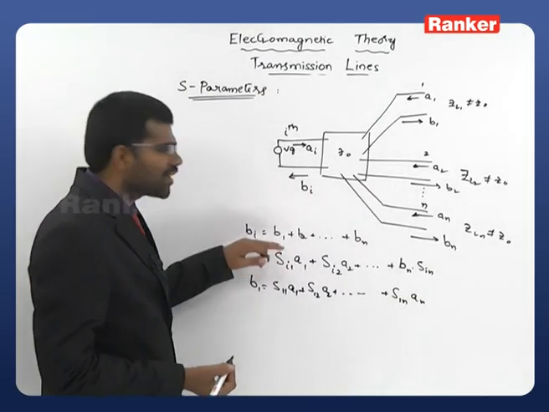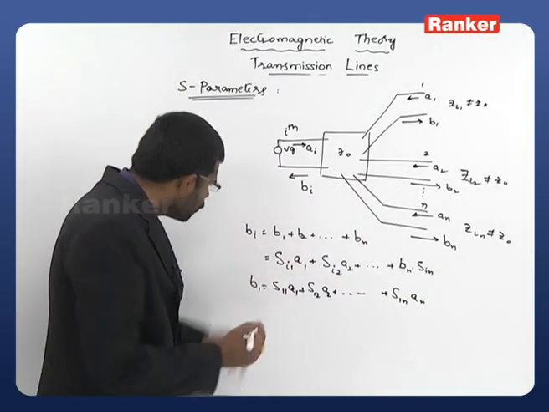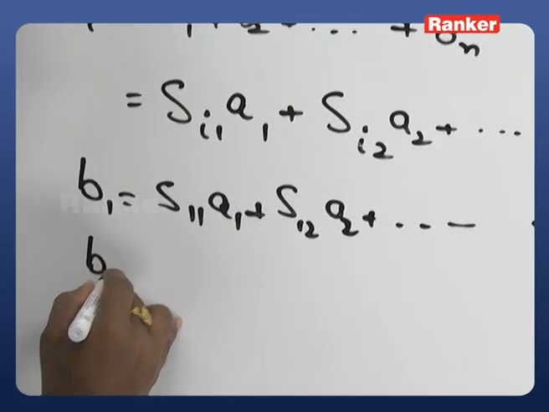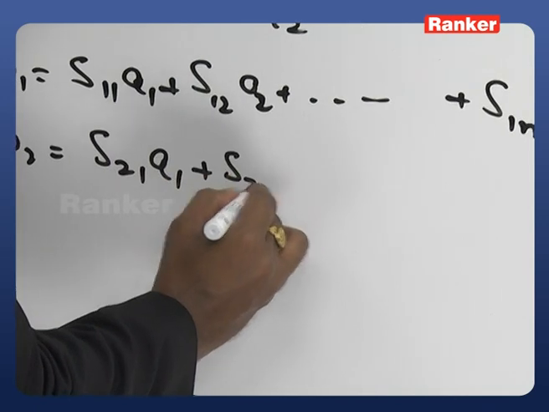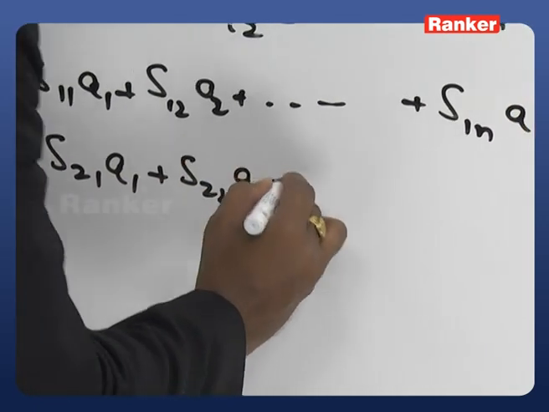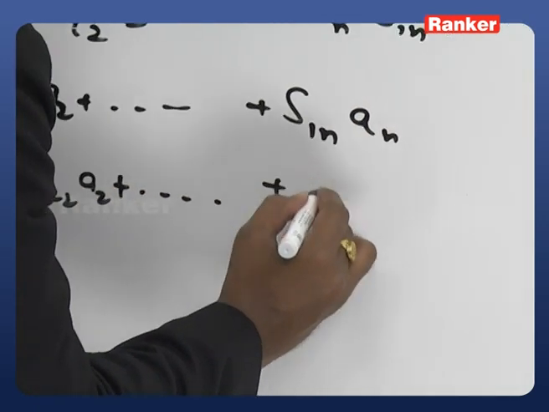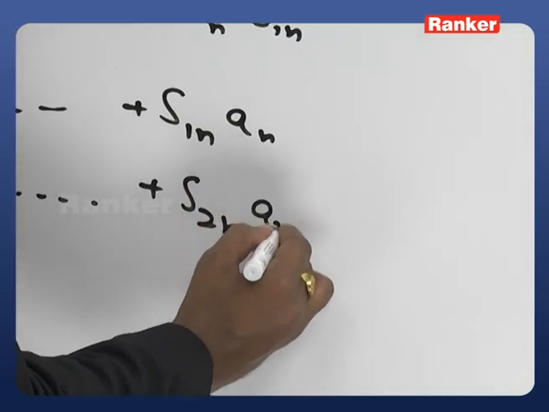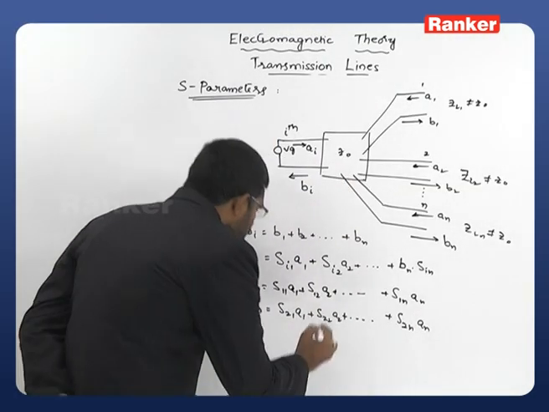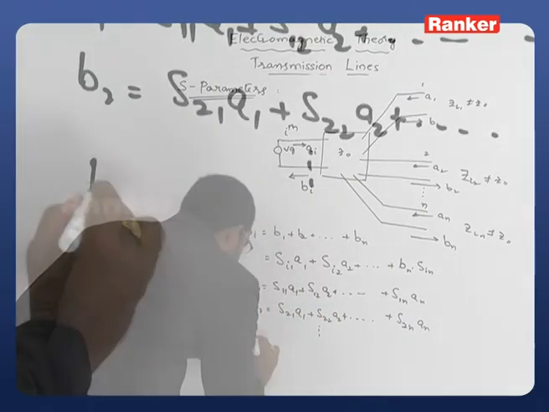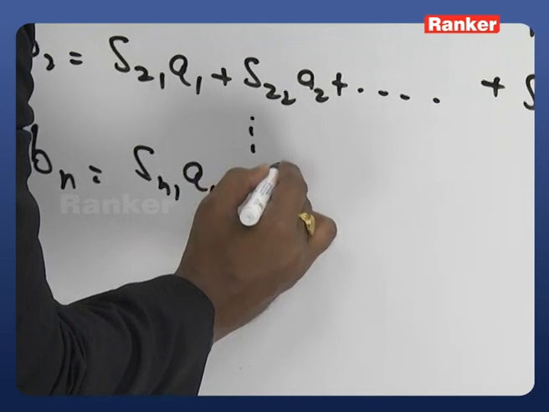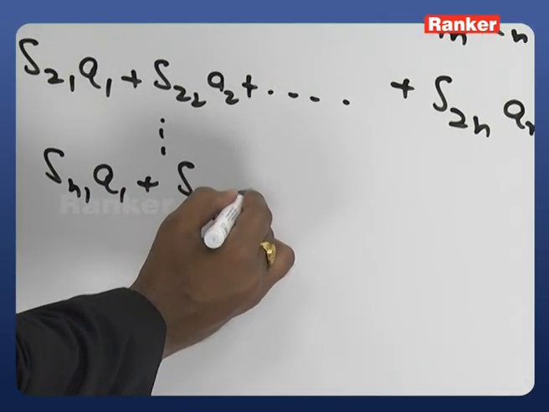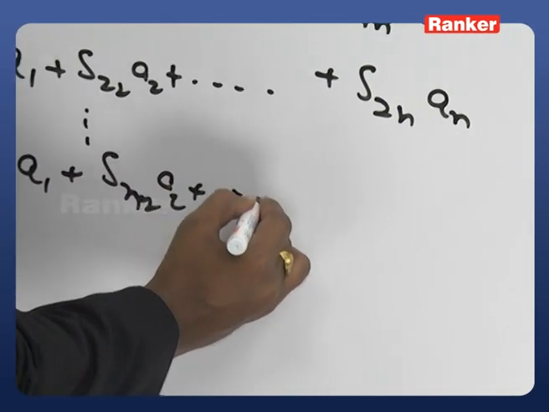Similarly, B2 equals S21 A1 plus S22 A2 and so on plus S2n An. Similarly, if i equals n, then Bn equals Sn1 A1 plus Sn2 A2 and so on plus Snn An.